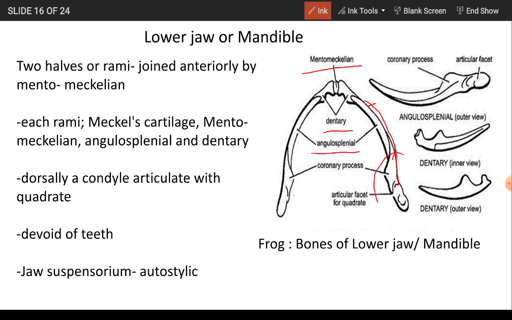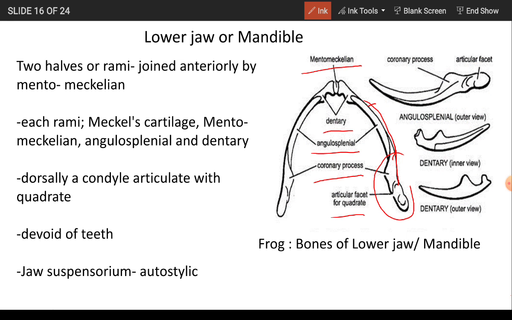So this is the posterior end of the angulosplenial bone, which has a knob-like articular surface for the articulation with the quadrate cartilage of the skull, that is the part of the upper jaw, where it brings about the articulation of the skull with the lower jaw. And just to its upper side, it produces a small coronoid process. This is the coronoid process.